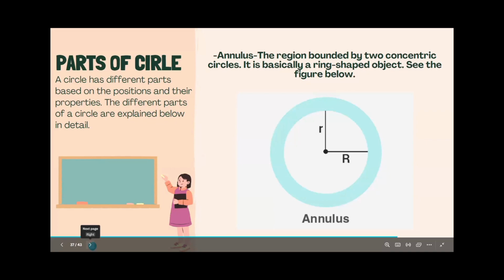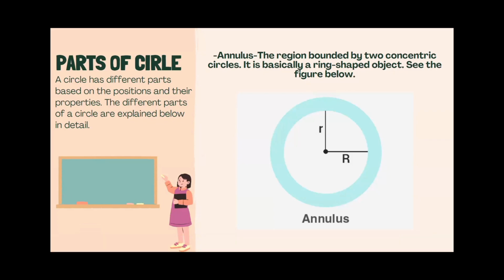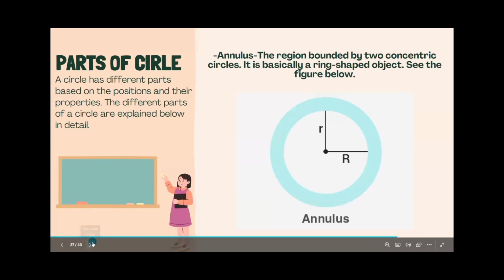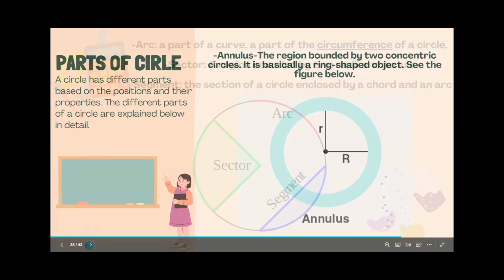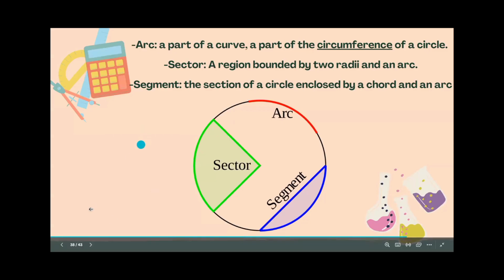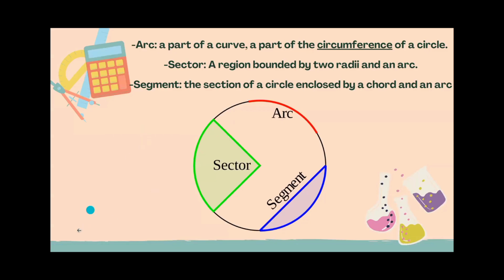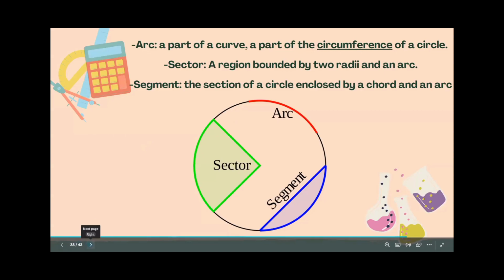Annulus. The region bounded by two concentric circles. It is basically a ring-shaped object. See the figure below. Arc, a part of the circumference of a circle.